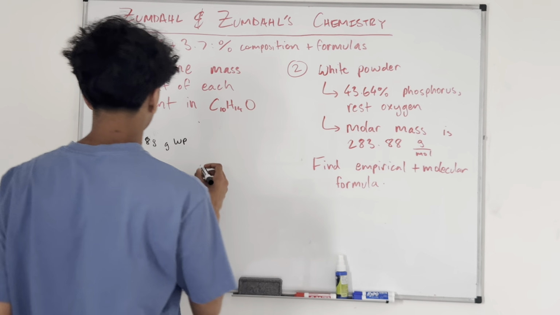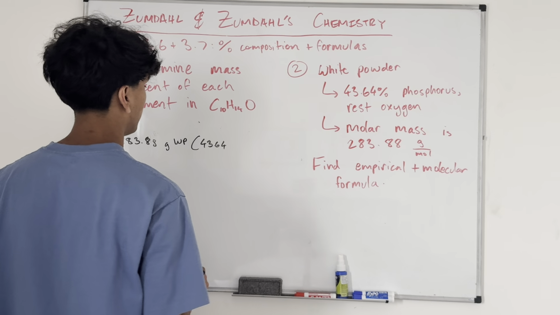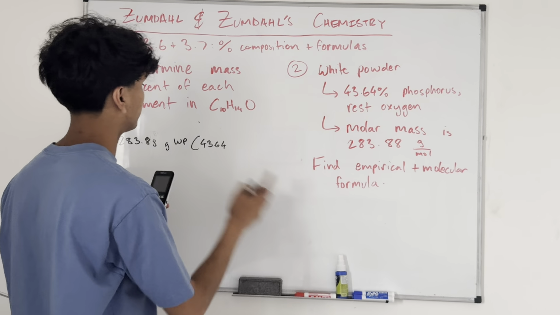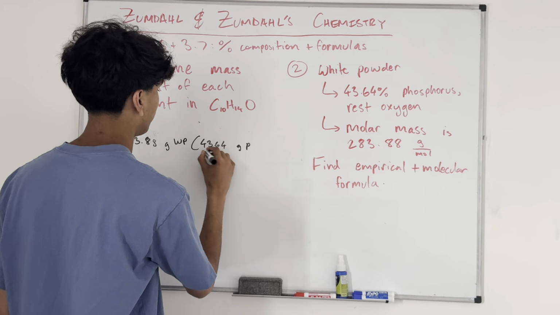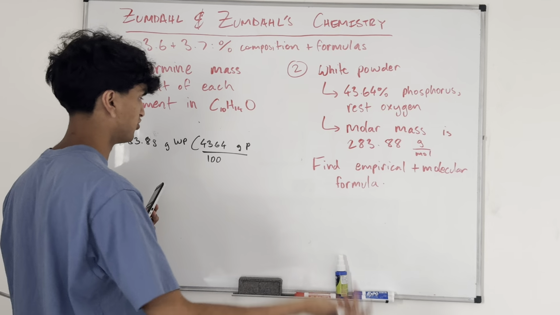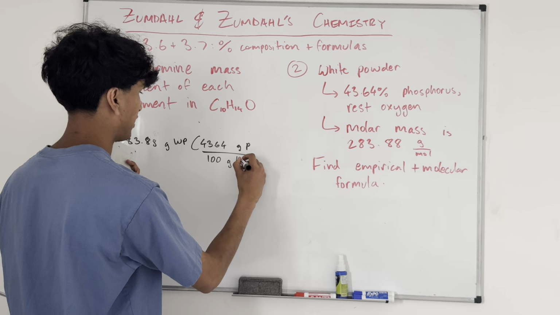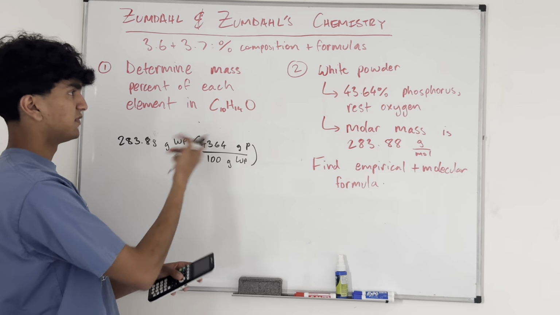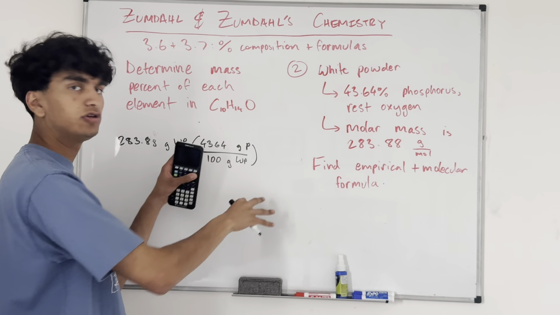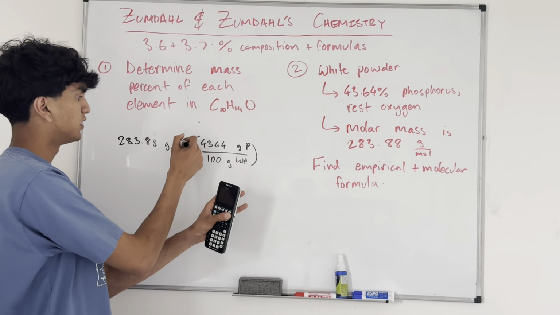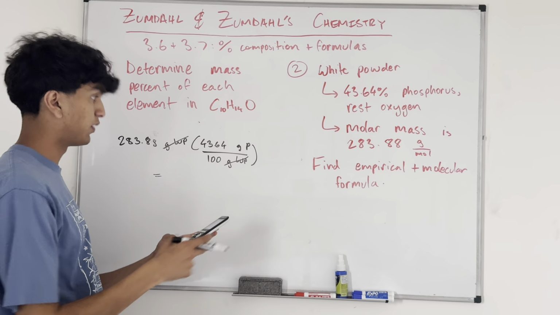So if I multiply this number by 43.64, the percent means there's 43.64 grams of phosphorus for every 100 grams of white powder. If you imagine, this is just multiplying by 0.4364, which you probably are used to in math class. I'm just showing you how the dimensional analysis works out. Oh, the grams of white powder are going to cancel, and I'm going to be left with grams of phosphorus.